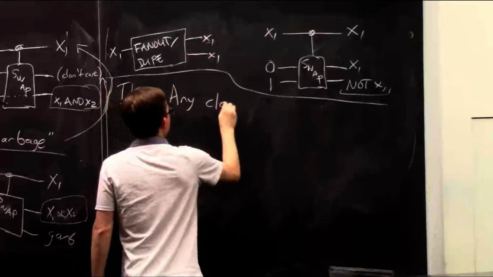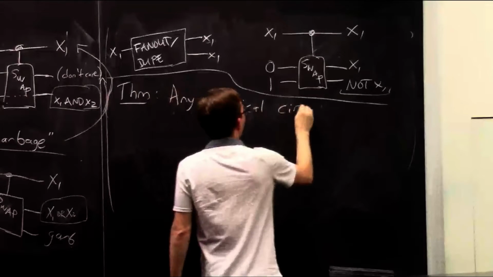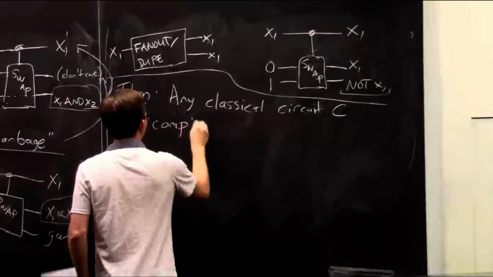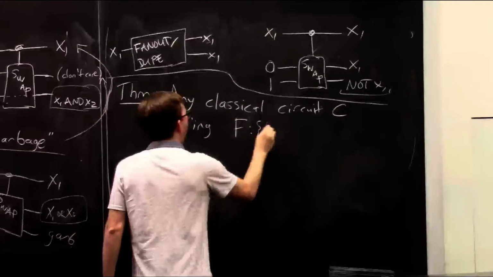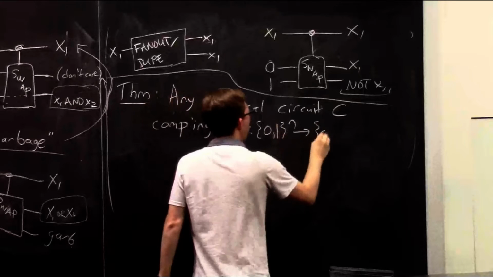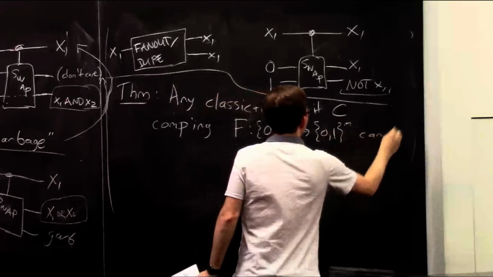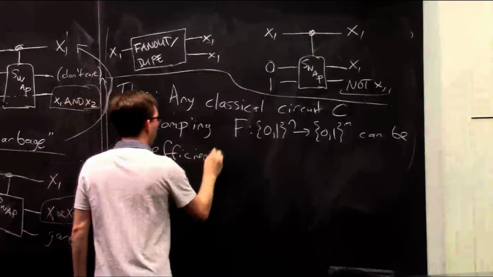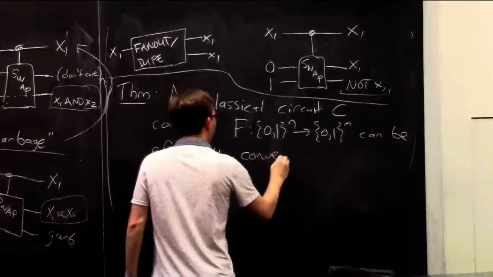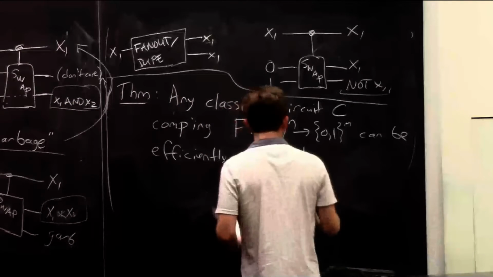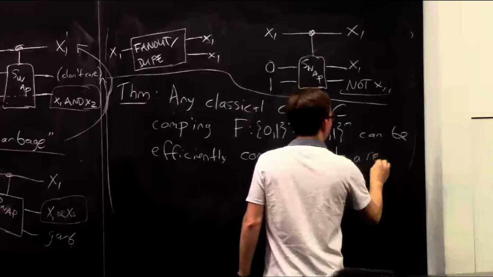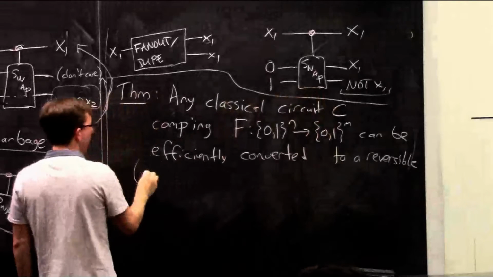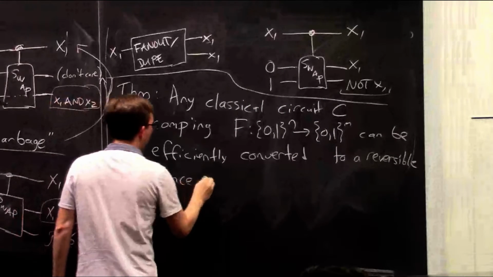Any classical circuit C computing some Boolean function f mapping n bits to m bits can be very efficiently converted to a reversible one, and hence, I mean, they didn't say this in the 70s, but also hence a quantum one.